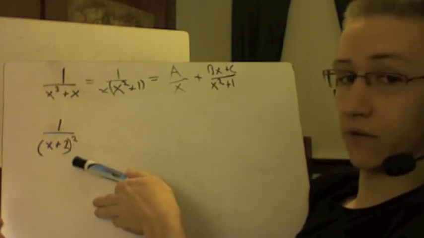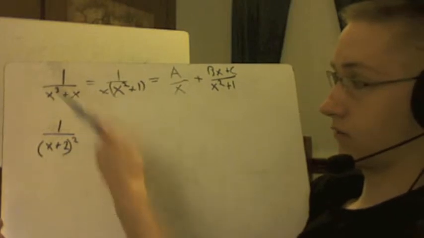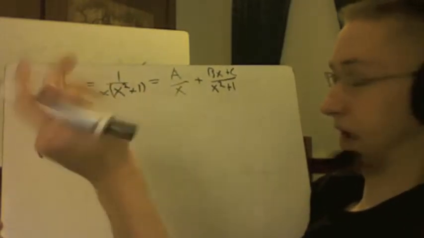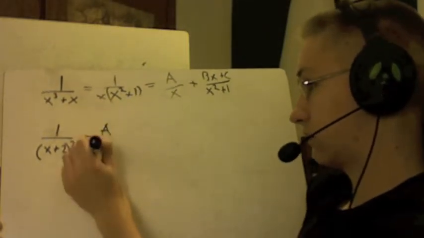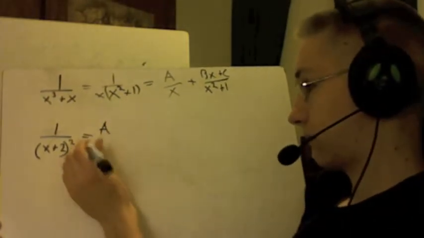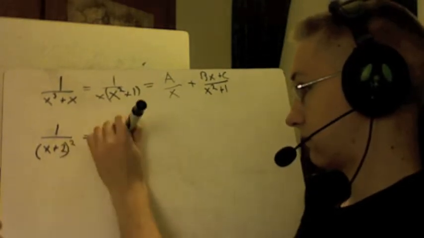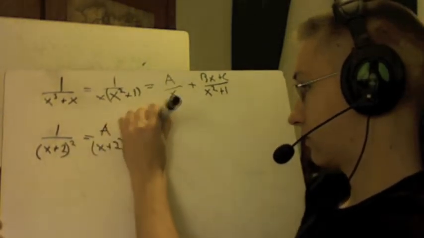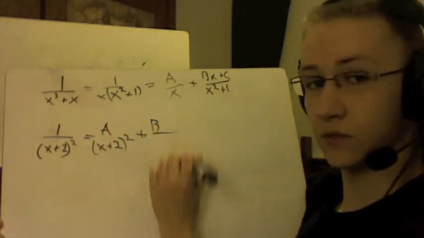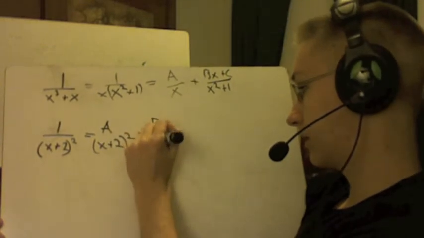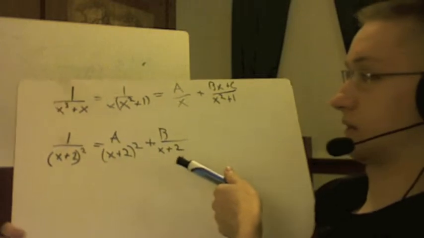And if you have a binomial linear factor like that, raised to any power, 2, 3, I don't know, that has to be broken into things of decreasing power. So one of them would be the same thing, and the next one would be to the first power, breaking it down like that.